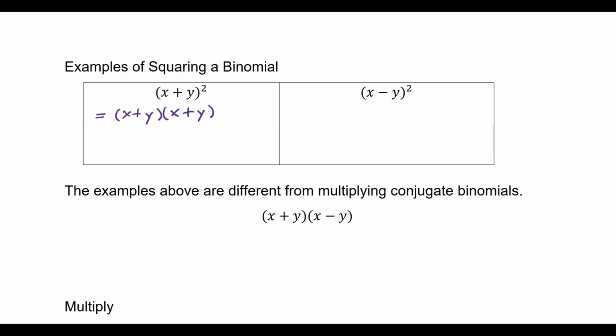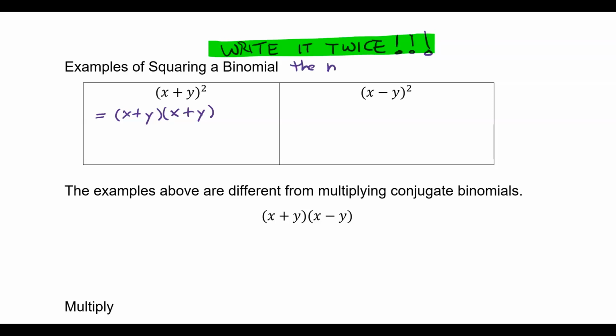Whenever you see a binomial square, please, pretty please, write it twice. So when there is a binomial square, please write it twice. Then multiply.